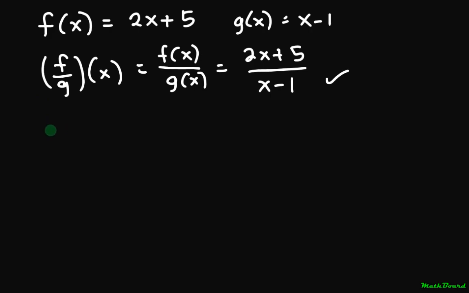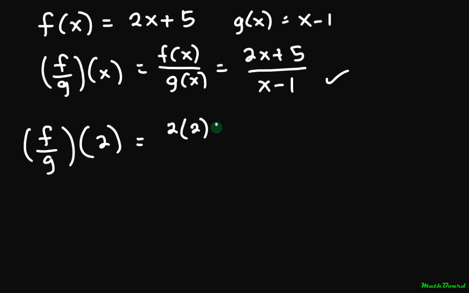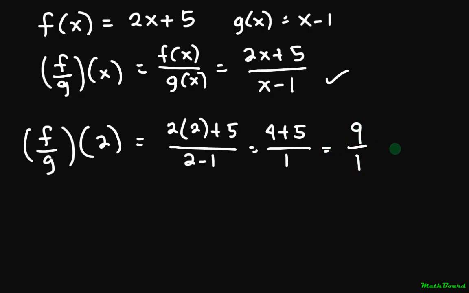So if we have f over g of 2, that's the same as 2 times 2 plus 5 over 2 minus 1. 2 times 2 is 4 plus 5, then 2 minus 1 is 1. 4 plus 5, 9 over 1, which is equal to 9.